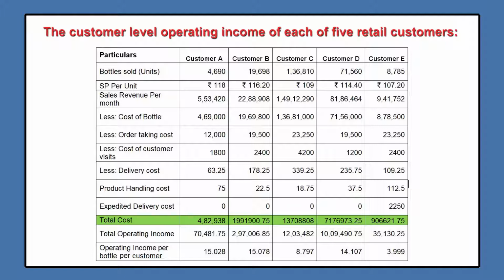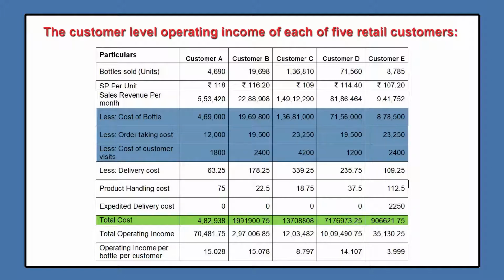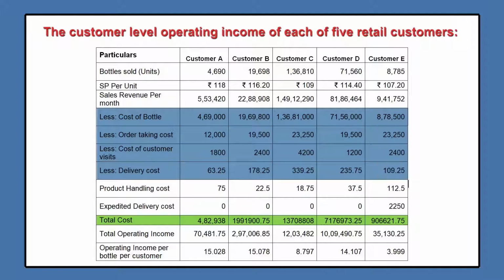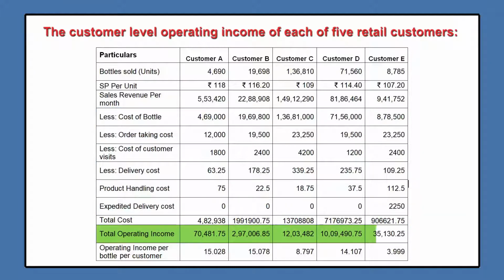The cost includes the cost of each case that is bought by the retail store and other operating costs: order taking cost, cost of customer visits, delivery cost, product handling cost, expedited delivery cost. The costs are consolidated to find the total income for each customer, and the income per case is calculated by dividing by the number of cases sold to each customer.